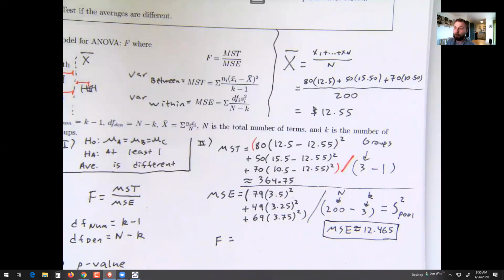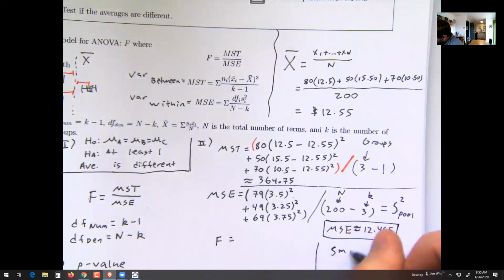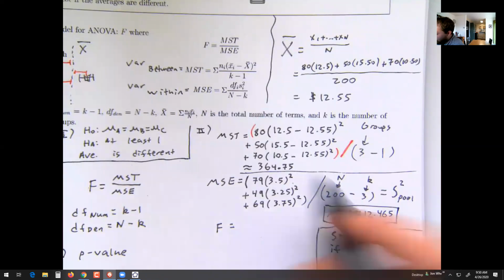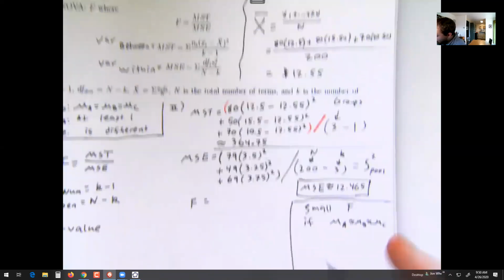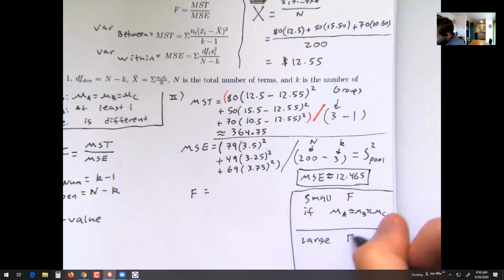Those things will be pretty close. So in general, you're going to have a small F if all of your averages are close to each other, and you're going to have a large F if they are really different.